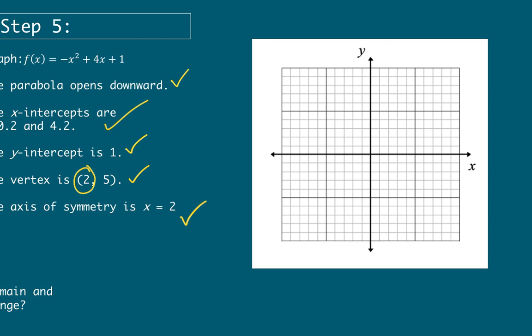So my vertex is at 2, 5. I'm going to go over 2, up 5, and I'm going to put a point. I'm going to put a point at the 0, 1 for my y-intercept. I'm going to put x-intercepts at approximately negative 0.2 and at 4.2.